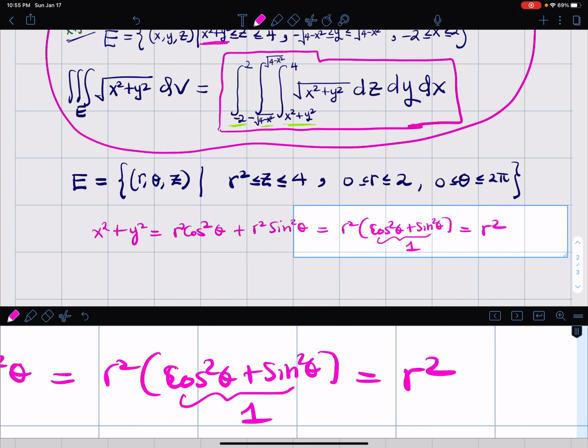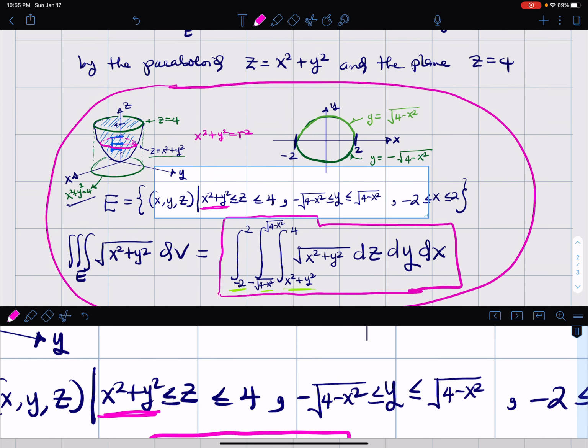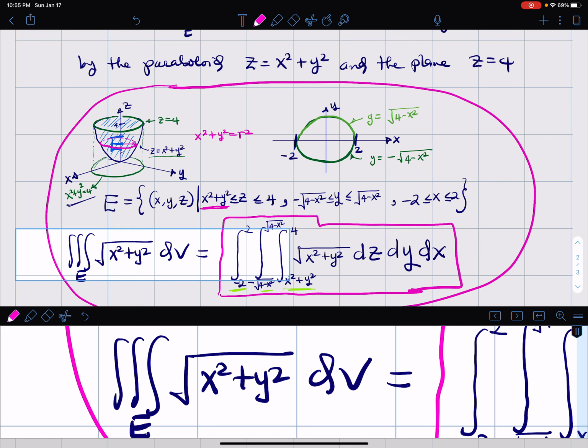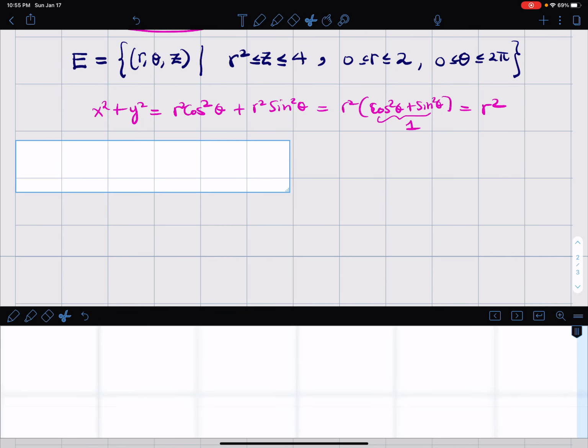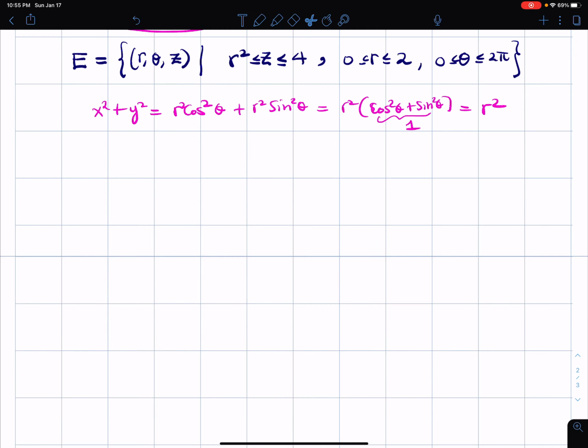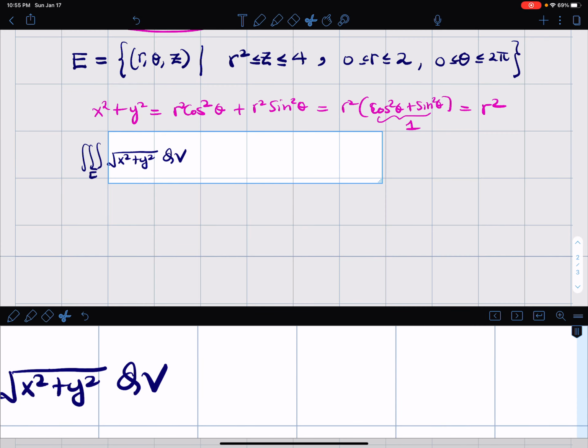Okay, so now let's go back to our integral. I'm going to copy this. This is the integral we want. This integral now becomes, we're going to start with z.